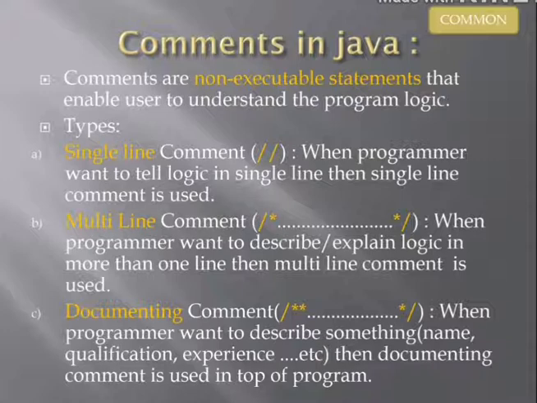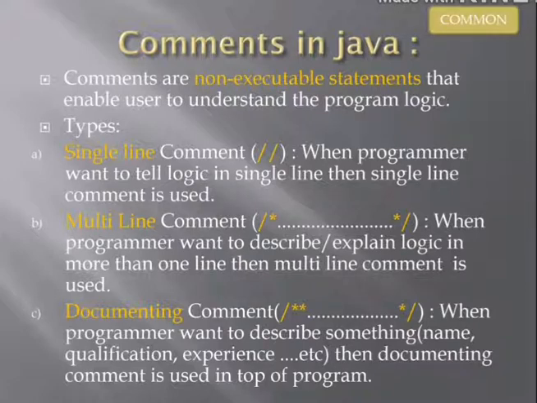Because if we write a comment, a person who is not able to understand our program can read the comment and understand what we are creating in our program, what logic we are using. Through comments, we can explain our program in an easy way. We basically use comments to explain what we are doing in our program.